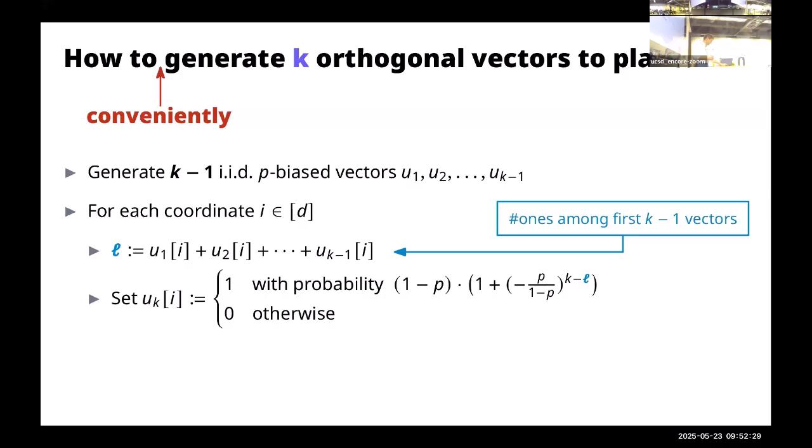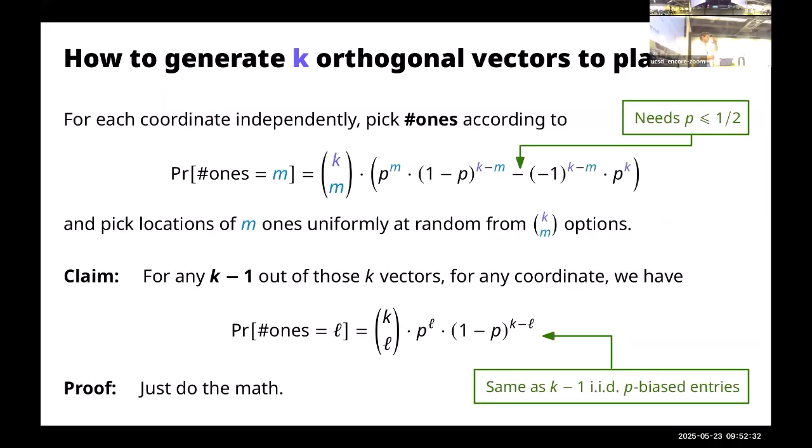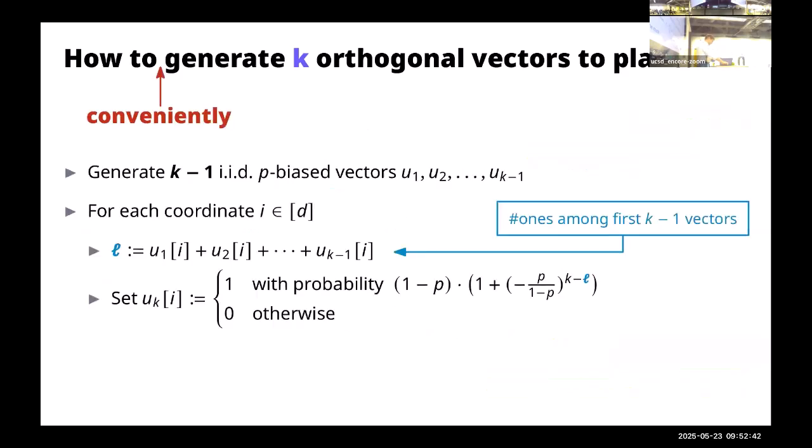Okay, so I explained to you what the distribution is, and you can sample according to this recipe, but there is an easier recipe. The idea is that since this distribution has this k minus 1 wise independence property, it must be possible to get these vectors by first generating k minus 1 random vectors and then doing something with the last one.